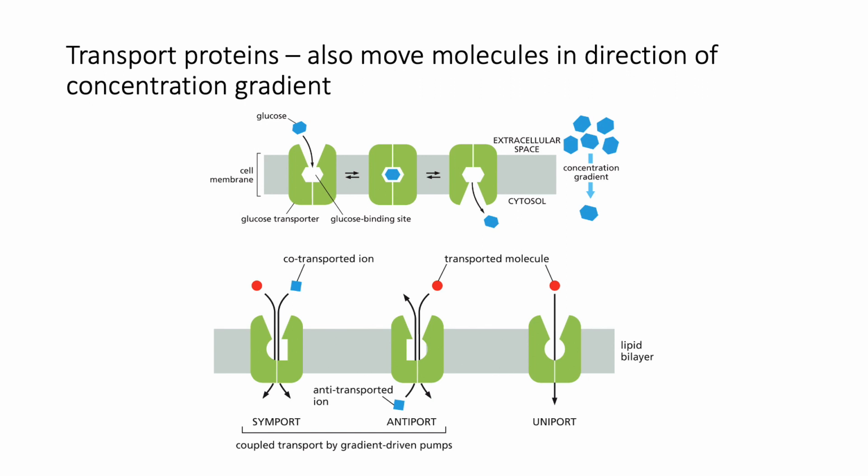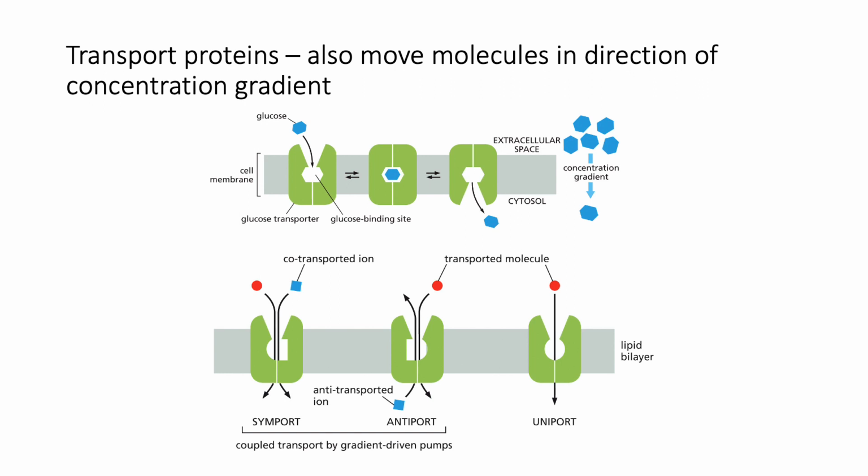Again, driven by the concentration gradient. So the blue is going according to the concentration gradient, and the red is going according to the concentration gradient, just in opposite directions. So those are antiports, and then the symport drives two together, both in the same direction.